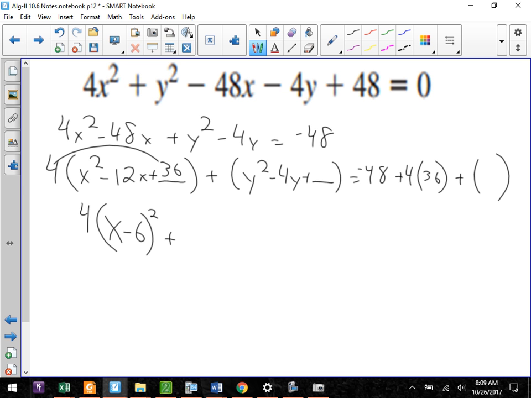Half of negative 4 is negative 2. I square it, and I get 4. All right, well, let's see here. If I double 36, what do I get? Double that, what do you get?